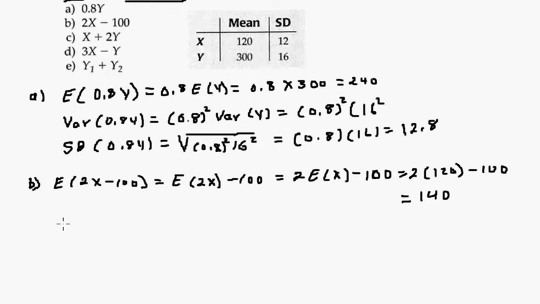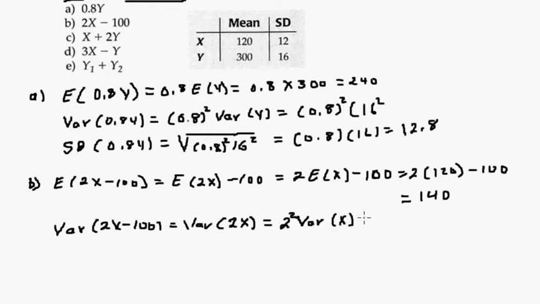Okay, so now the variance, this is a little different. The variance of 2x minus 100 is just equal to the variance of 2x. And that's going to be 2 squared times the variance of x, which is 2 squared times the standard deviation squared, so 12 squared.